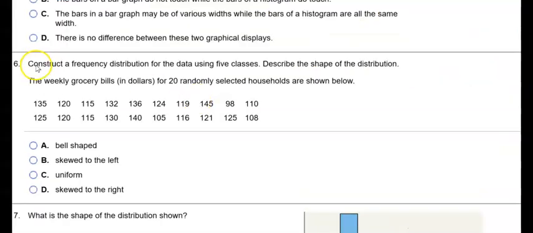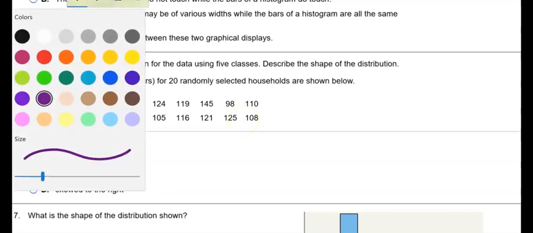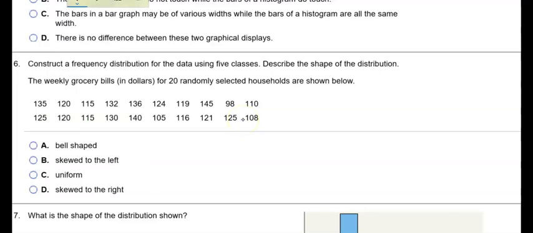Okay, to construct the frequency distribution, you have to find the classes first. And to find the classes, you look for the smallest data value. The smallest data value is going to be 98 here, and the largest data value here is 145.